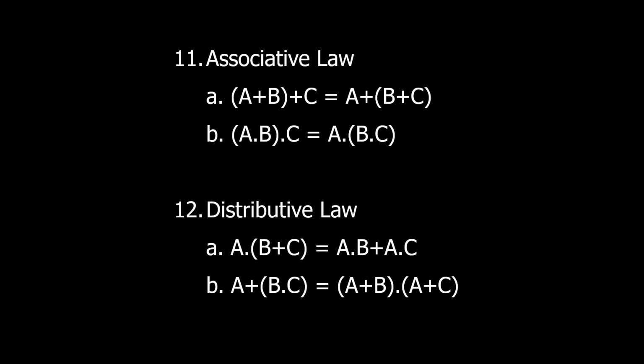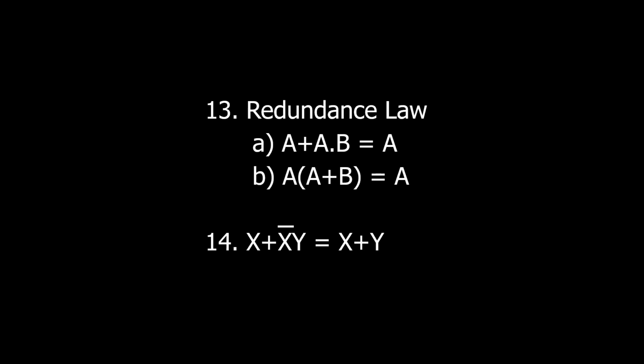When you expand it according to the distributive law, it will become (A OR B) AND (A OR C). Finally, we have two redundant laws. Part A of the first one is A OR (A AND B) is equal to A. Part B is A AND (A OR B) is also equal to A.